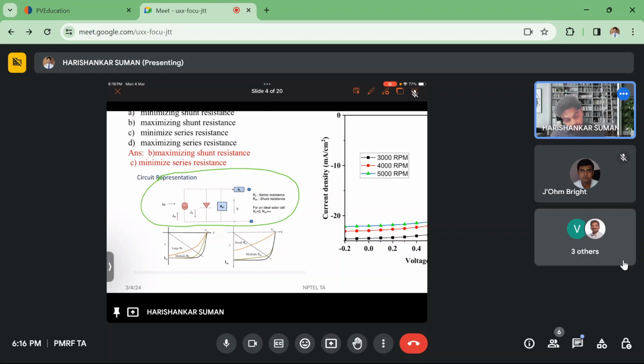You can see shunt or series. Please look at this curve and also the circuit.